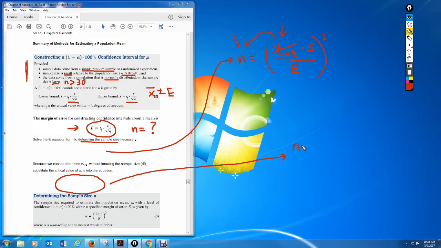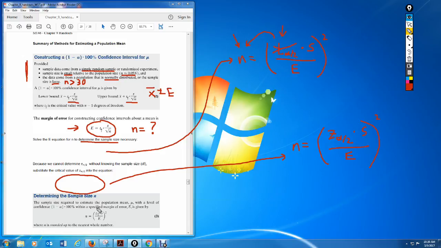So we're going to write the equation for sample size like this. N equals quantity z, the critical z value, sub alpha over 2, times S divided by E, quantity squared. Okay? So it's a bit of an approximation, but the justification for doing it that way is that the t distribution approaches the z distribution anyway as the sample gets large. So really, it's a relatively small approximation.